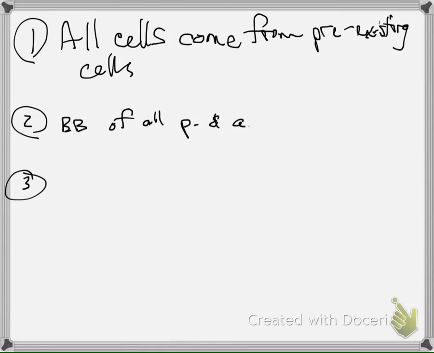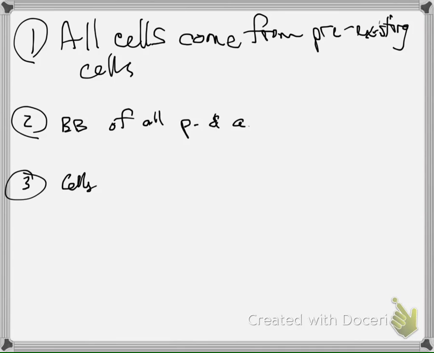Okay, so we said that cells are the smallest level of organization that can be considered living, and that is because they have the capability of performing physiological functions that allow that cell to maintain homeostasis, essentially.